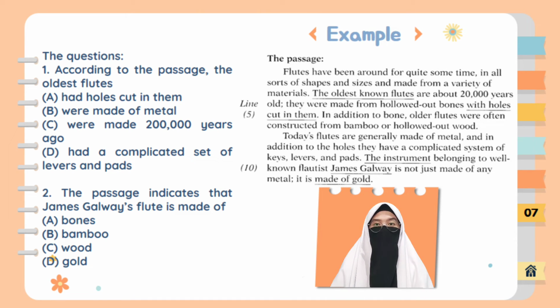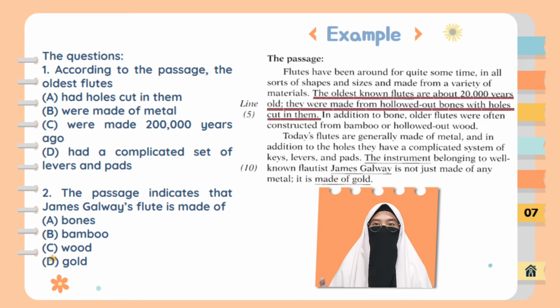The answers to the questions are generally found in order in the passage, so you should look for the answer to the first question near the beginning of the passage. Since the first question asks about the oldest flutes, you should see that this question is answered in the second sentence in line 3.